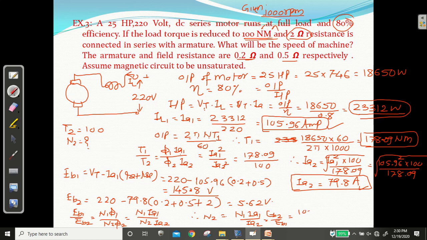N1 is 1000. IA1 is what? IA1 was how much? 105.96 upon IA2 is what? 79.8 into EB2 is what? EB2 we got 5.62 upon EB1 is what? 145.8.